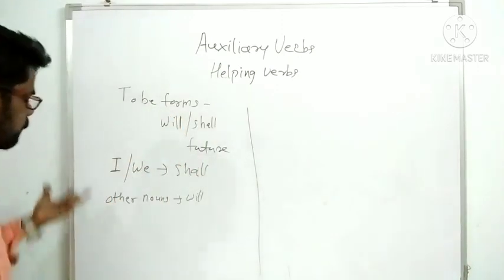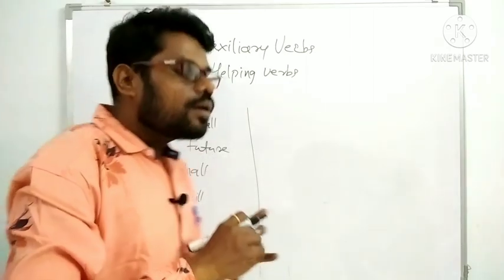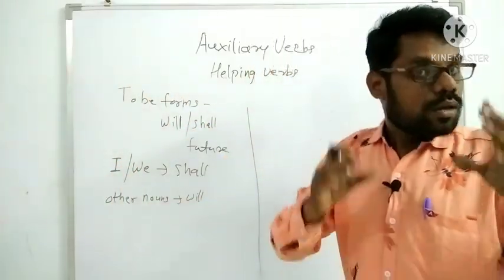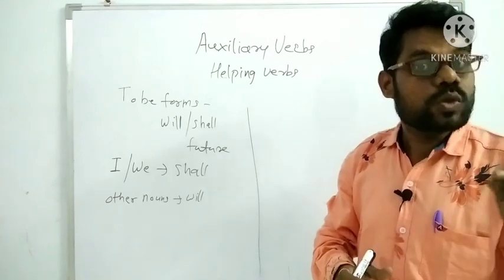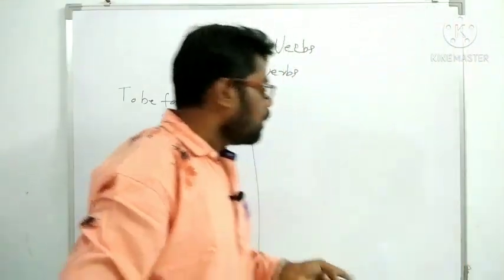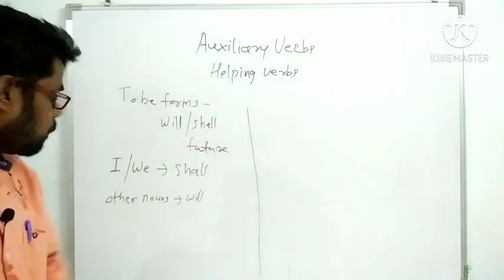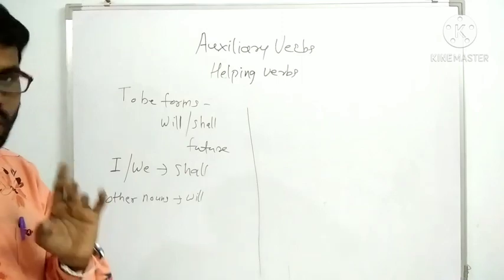So that time we use will. But when we want to keep our promise, we want to show certainty, definitely, that time we use will after I and we also.